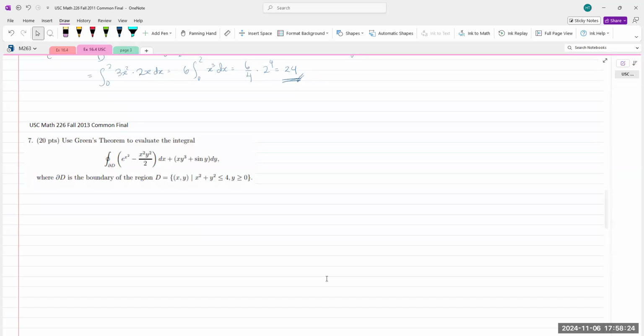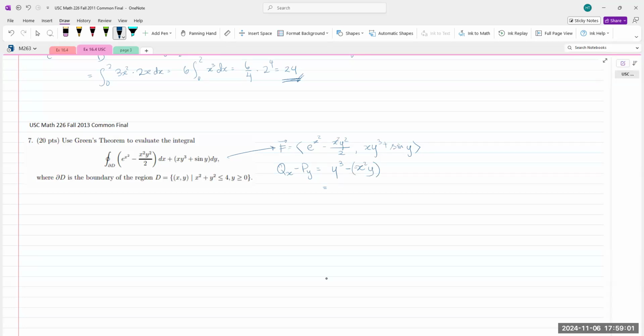Use Green's theorem to evaluate this. So at least they tell us to use Green's theorem. So this is e to the x squared minus x squared y squared over 2, comma, xy cubed plus sine y. Since we will use Green's theorem, then Q sub x minus P sub y will be y cubed minus P sub y will be x squared y, oh, actually minus negative.